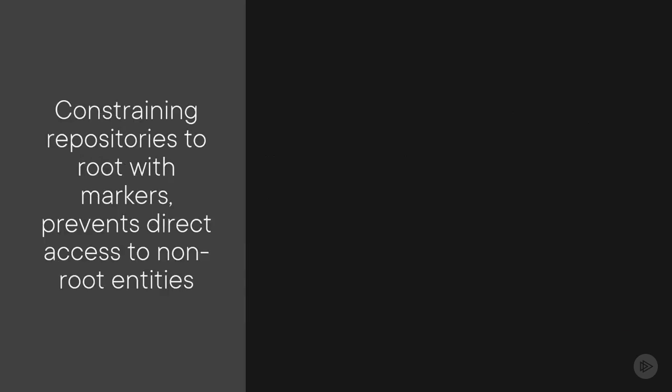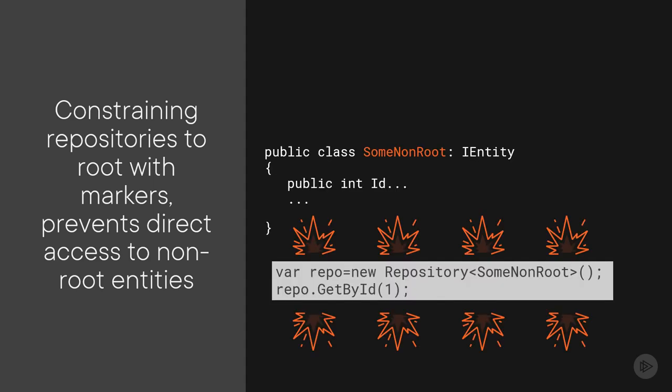At that point, code that uses the repository won't be able to instantiate the generic repository with non-root entities. So we're able to use our repository to restrict access to non-root entities from clients of our model. Using marker interfaces to identify aggregate roots is one way you can enforce your design decisions in your model using the compiler, rather than relying on code reviews or other less effective practices.